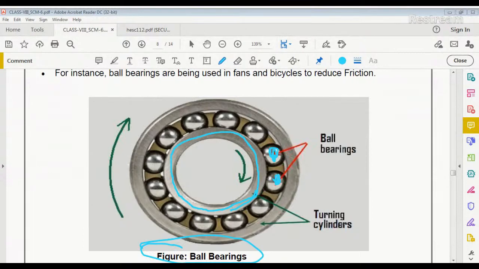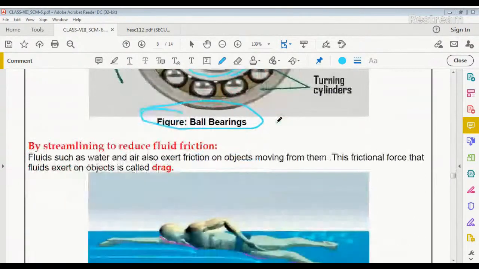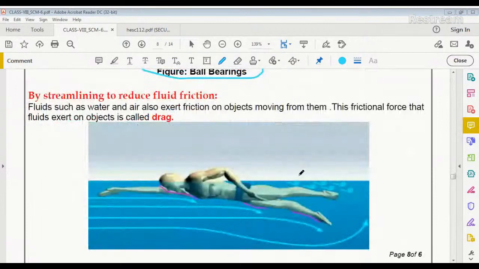Next, what will we move on to? We will move on to fluid friction, that is, streamlining to reduce fluid friction. Here, this is the picture. I have already told you that in science, the common name of gases and liquids is fluids.